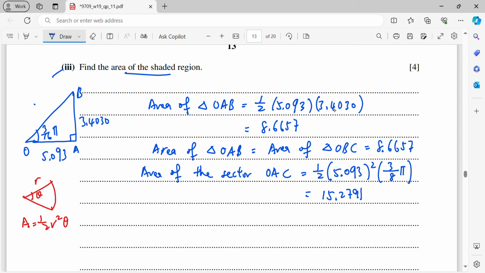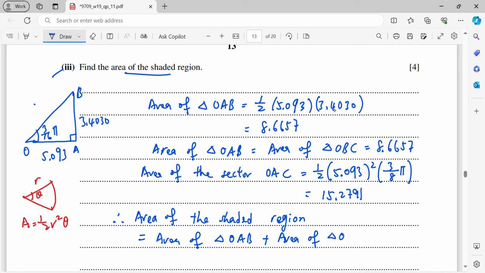Right. So then from here you will get 15.2791. So then area of the shaded region is area of triangle OAB plus area of triangle OBC minus area of the sector OAC.